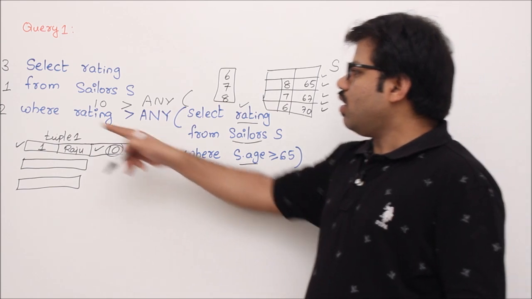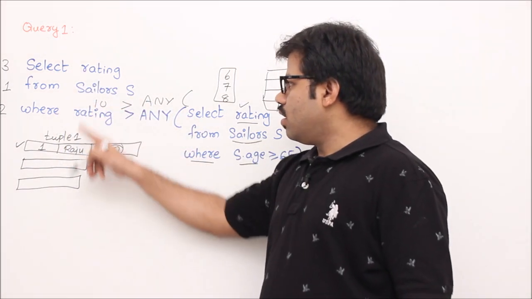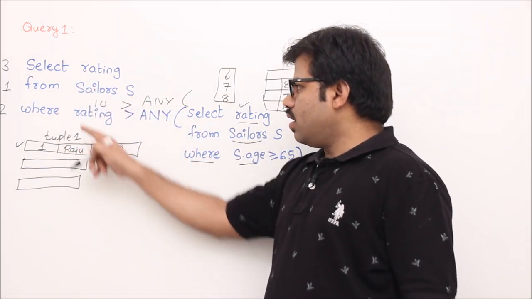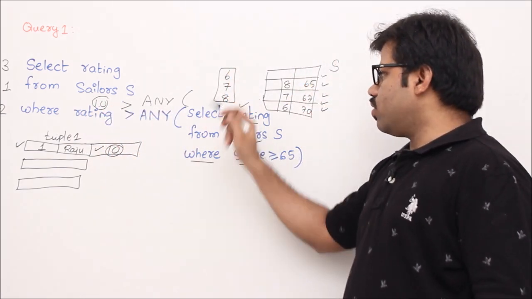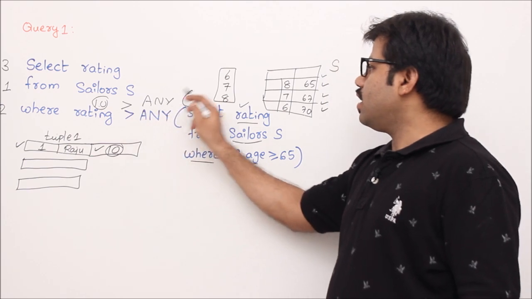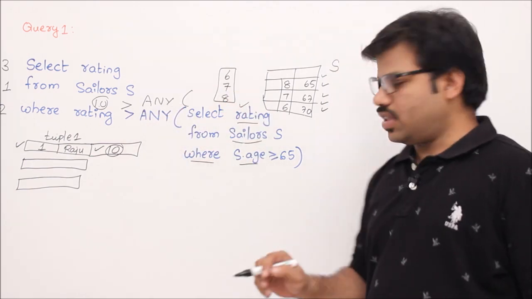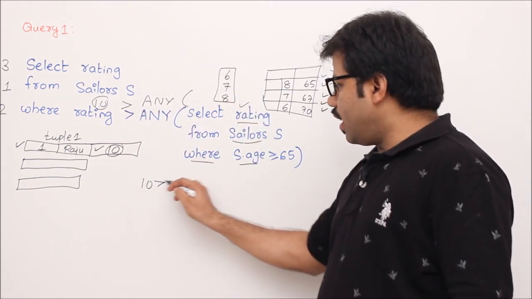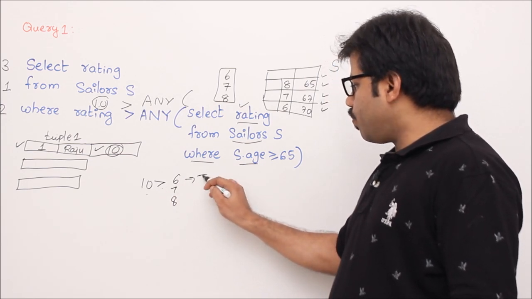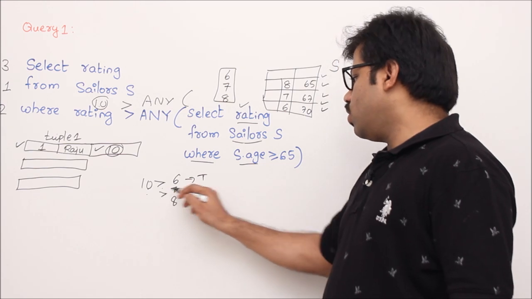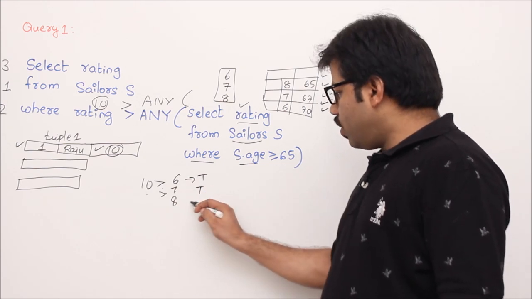Now, go to the original query. Take the first sailor tuple, rating 10, and compare it against all these values. The question is whether 10 is greater than at least one of 6, 7, 8. Let's evaluate. 10 greater than 6, true. 10 greater than 7, true. 10 greater than 8, true.